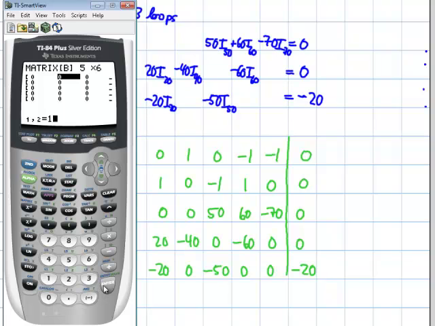And now I have to see 0. Plug in all the entries. Okay, so I just put in 30 entries and cross my fingers that I put them in all correctly.